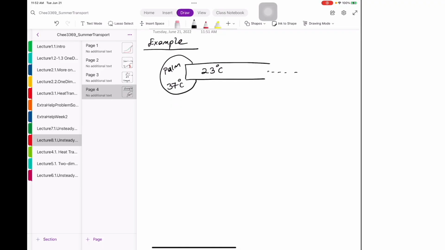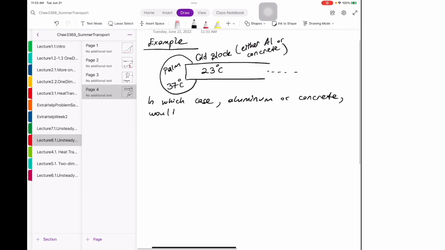And the question is the following. So this is a cold block, and it's either aluminum or concrete. In which case would your palm feel colder?